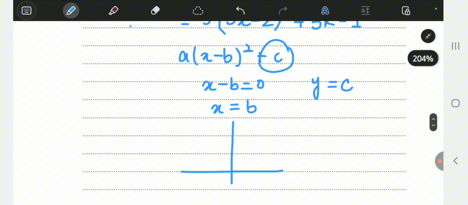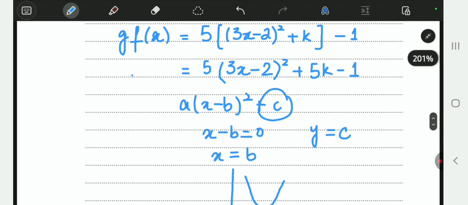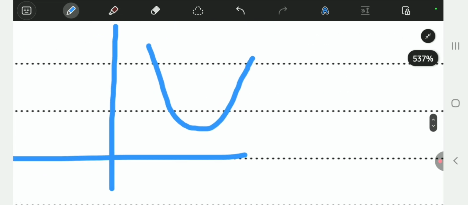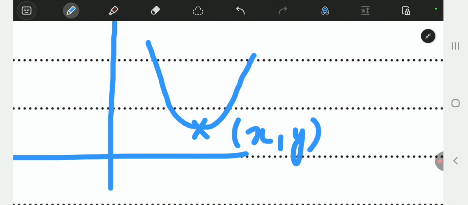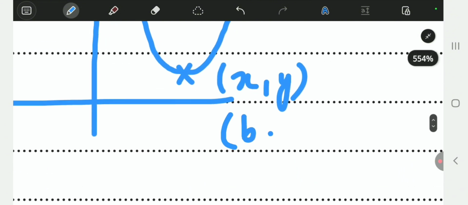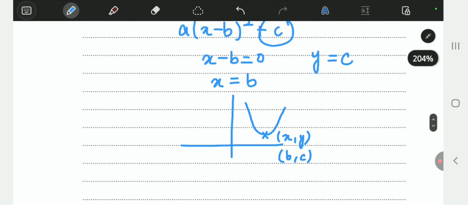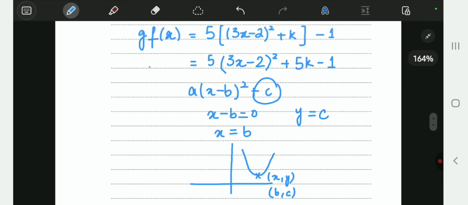What kind of curve will we have? Because the coefficient is positive, the curve would open upward. In the general form, b and c give you the vertex values.